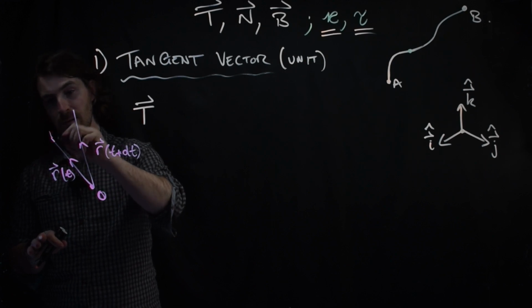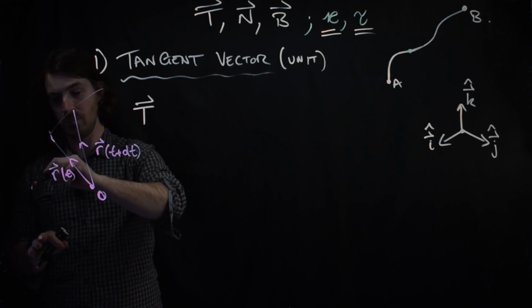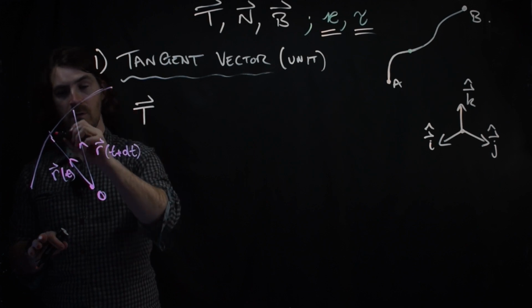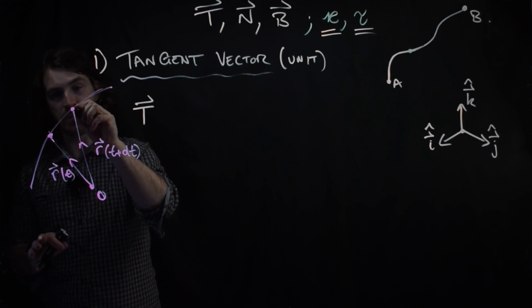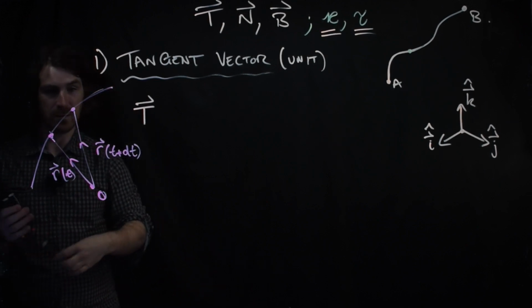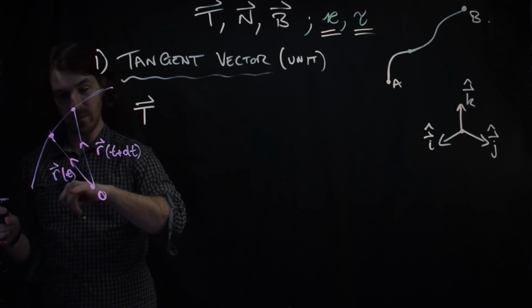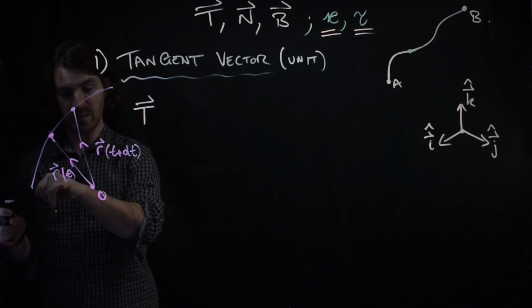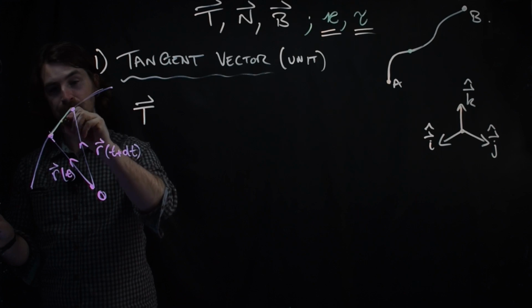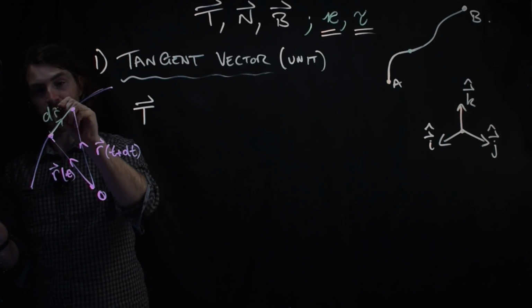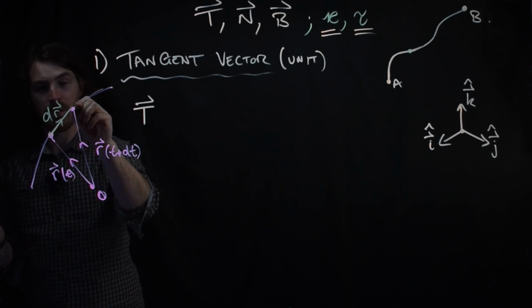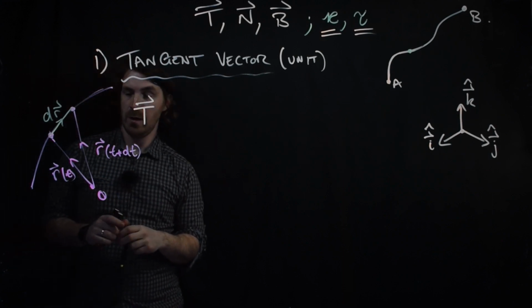And this is our curve. So there are 2 points on our curve, and the difference between this and this, so this minus this, is dr, this vector dr. We saw that before.